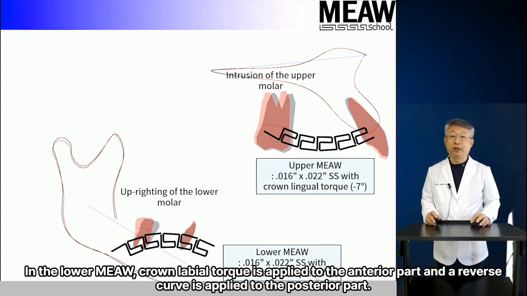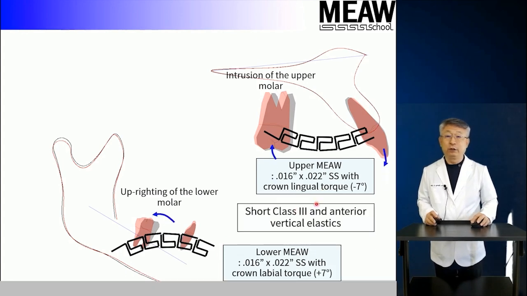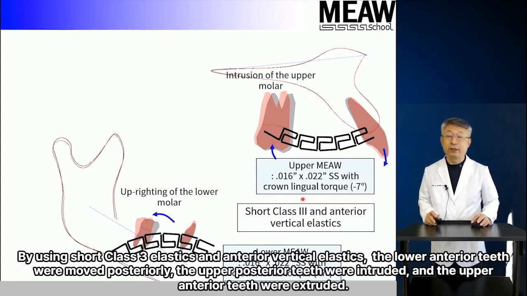In the lower Meo, crown labial torque is applied to the anterior part, and a reverse curve is applied to the posterior part. By using short class 3 elastics and anterior vertical elastics, the lower anterior teeth were moved posteriorly, the upper posterior teeth were intruded, and the upper anterior teeth were extruded.